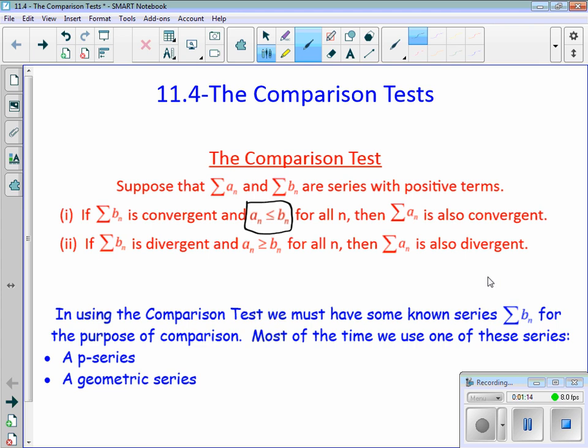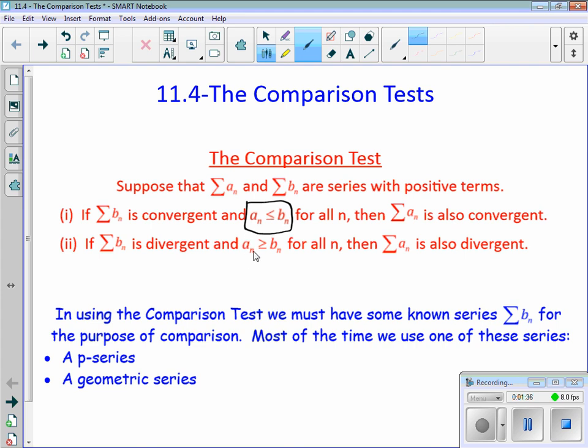Think of two functions, a function that's on top and a function that's on bottom. If the function on top, the bigger one, converges, then so does the one below it. So that's what this is saying. If b sub n is bigger, and the bigger one converges, then we know the smaller one's also going to converge. Okay?